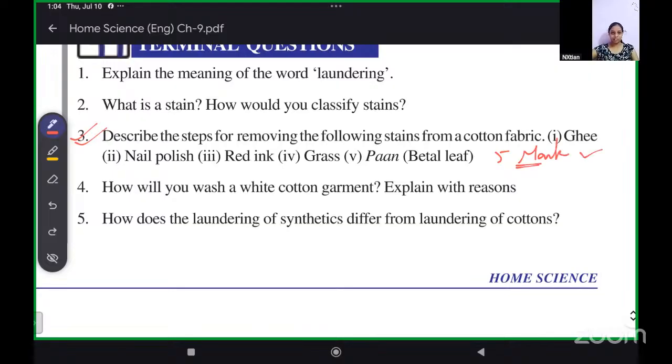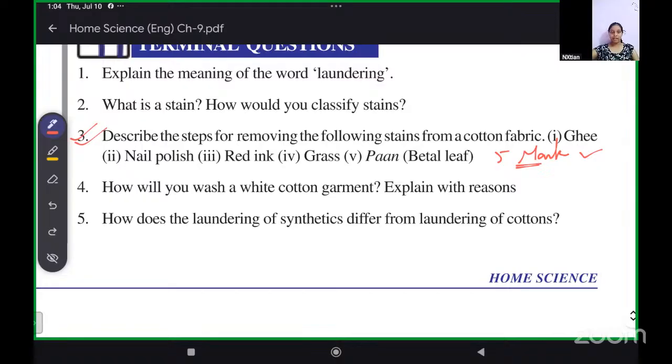You can refer to the chapter. You don't have to have it memorized, because I know you have not memorized the chapter yet. But I don't want the complete book language. I want your own language, and I want an elaborate answer.